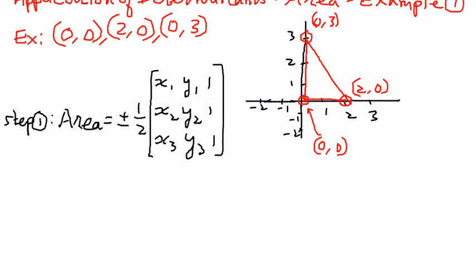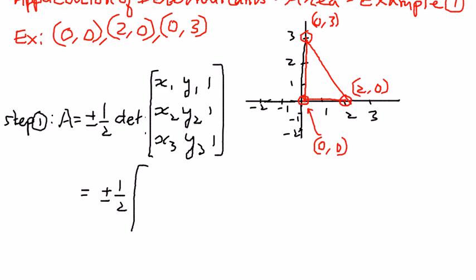And therefore now we will start to plug in the values of x1 and y1 into this particular matrix. The area is going to be equal to plus or minus 1/2 the determinant of the matrix, like that.